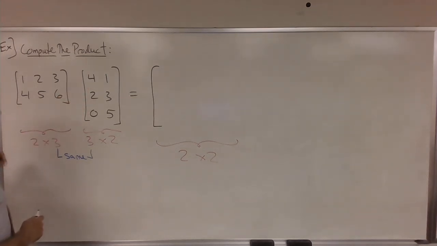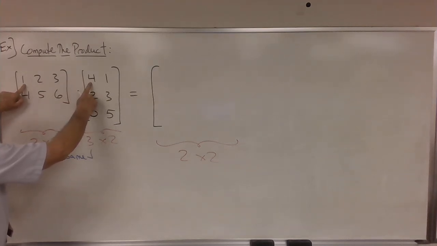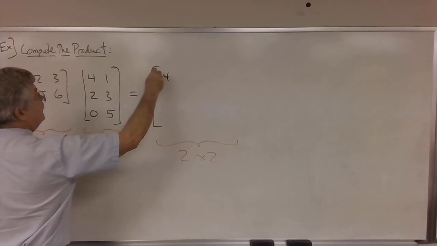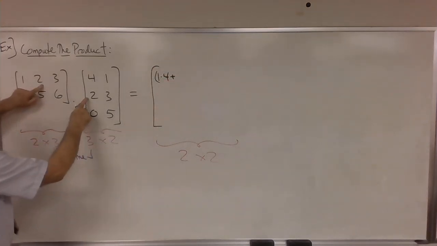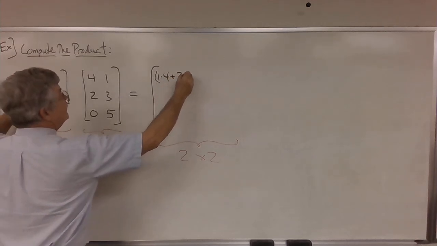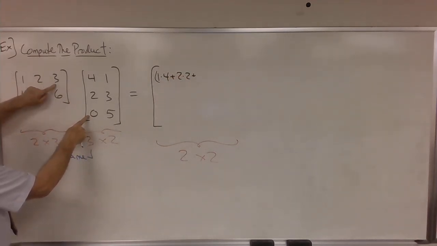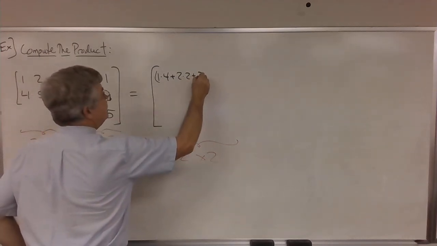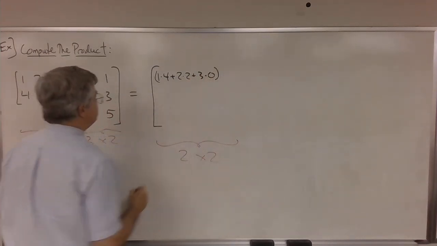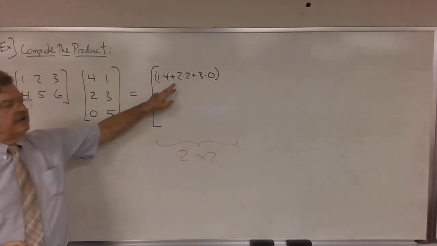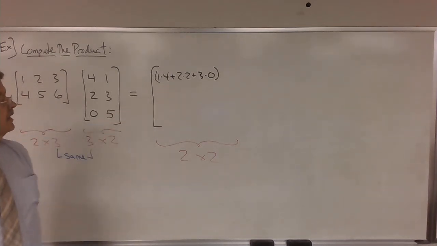We take the product of the first elements, 1 times 4. And then the product of the second elements, 2 times 2. And then the product of the third elements, 3 times 0. This is the entry in the first row and first column.